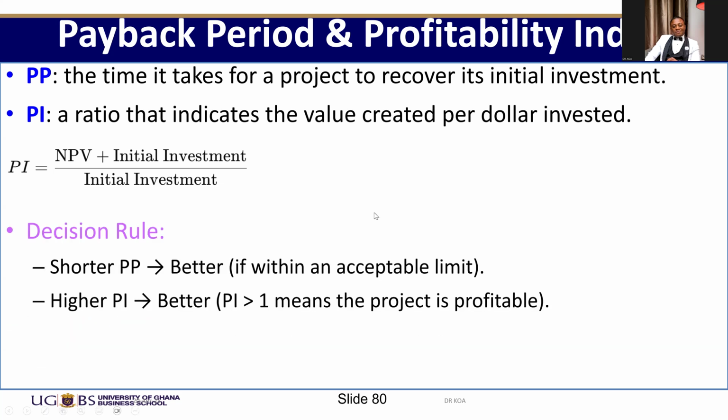So you want to understand this thing. Why do we need them? Because remember, the goal is to either accept or reject a project if you can calculate these things. You want a shorter payback period so that you can say that I can go ahead. So if you have two projects and one is paying you a shorter time, the other is taking a longer time to pay back, you take the one with the shorter time.